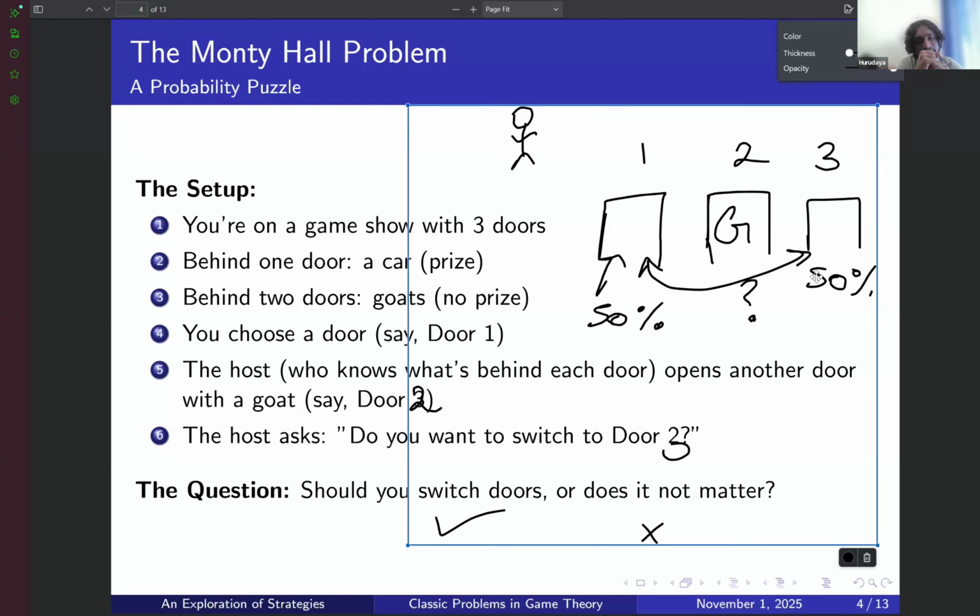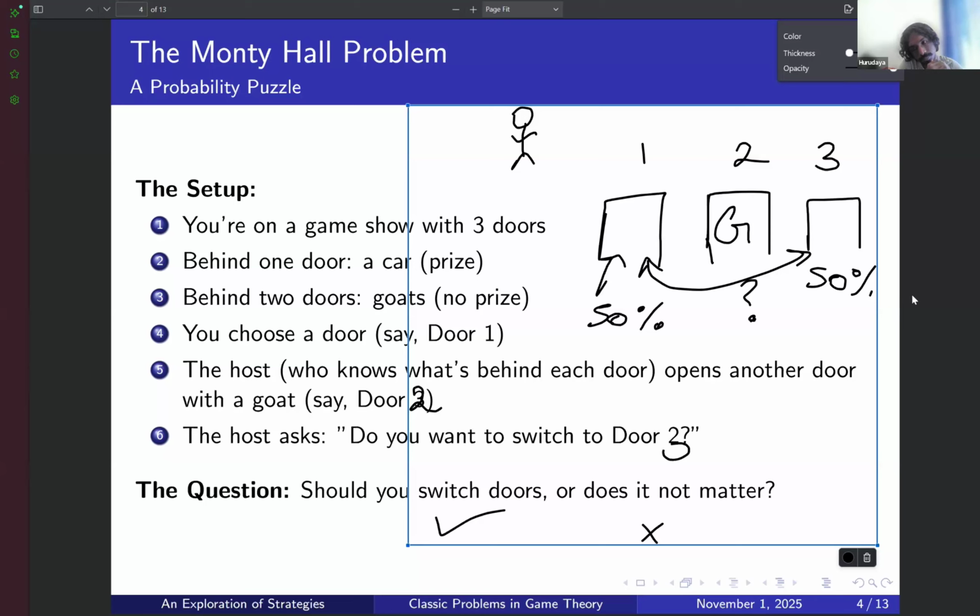Sir, I think I have got the answer finally, sir. That switching is the best option. I can confirm it with the proof. As we know, each door has a 33% chance. After one door is revealed as a goat, it doesn't change to 50-50.